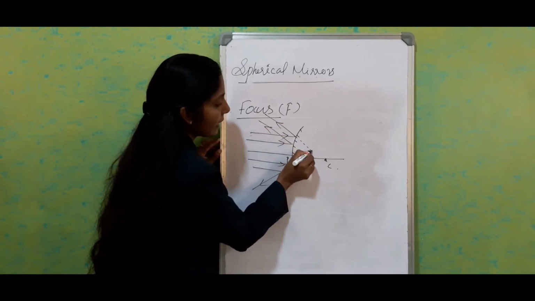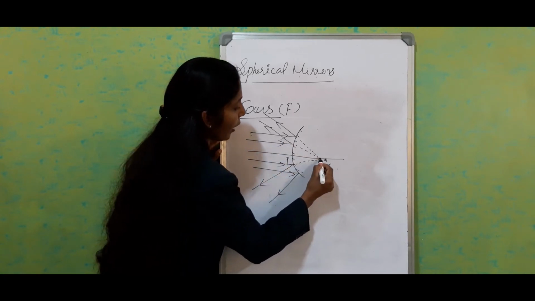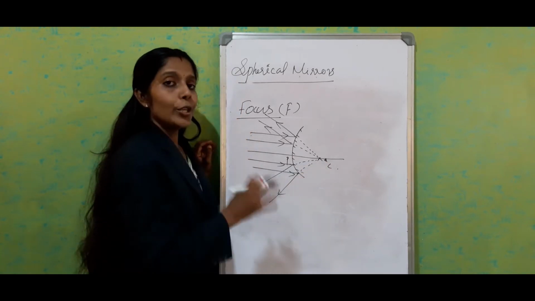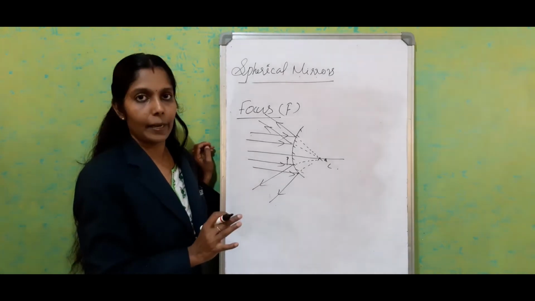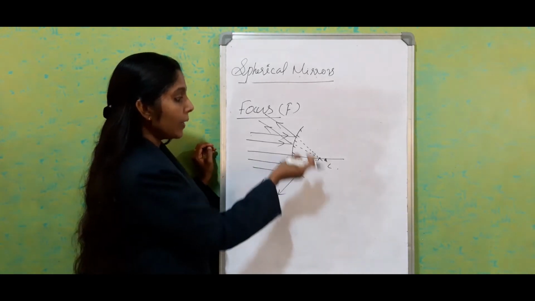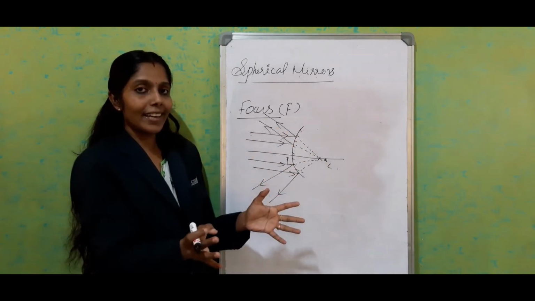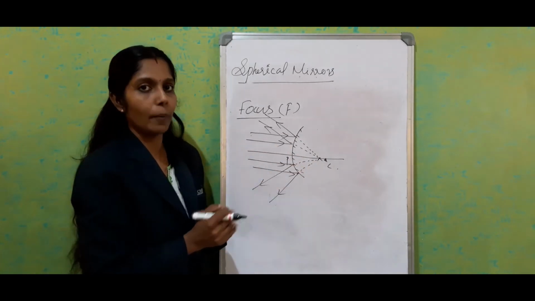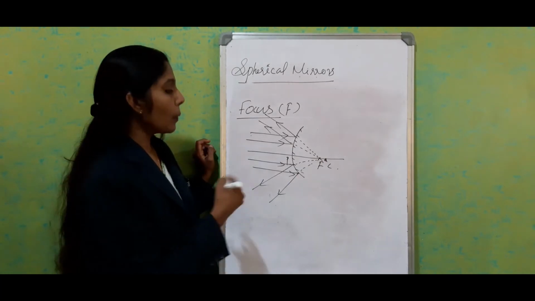When we extend these lines, all of them will join at a particular point on the principal axis. The extended lines should always be drawn dotted. So it appears to come from a point; we feel like the reflected rays are starting from this point. So this is the focus in the case of convex mirrors.